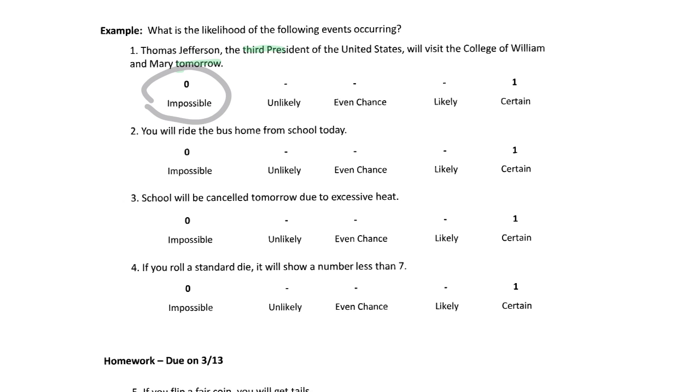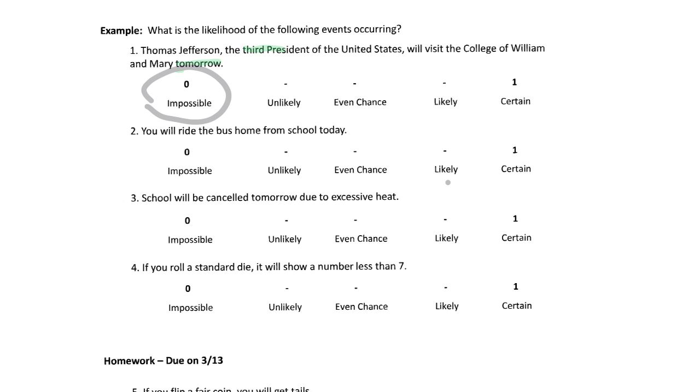Number 2 is kind of it could go either way. It's kind of more of a you question. Think about what's the probability of you riding the bus home from school today. So think about it. Are you certainly riding the bus? Are you likely riding the bus?